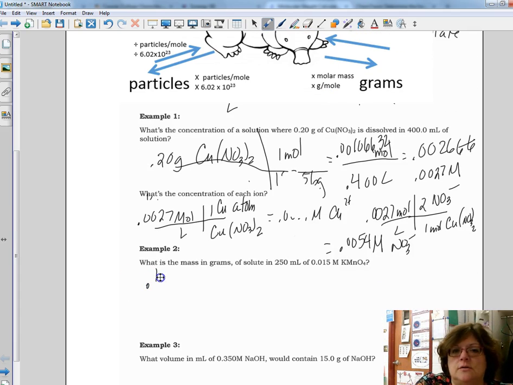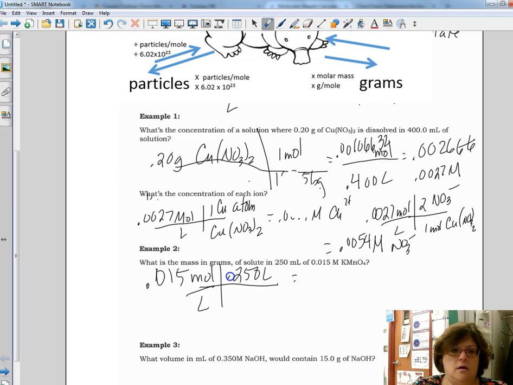So we're going to take 0.015 moles over liters of permanganate, and we're going to multiply that by our volume. Again, we have to divide by 1,000, so we get 0.250 liters. And we come up with 0.00375 moles of potassium permanganate.